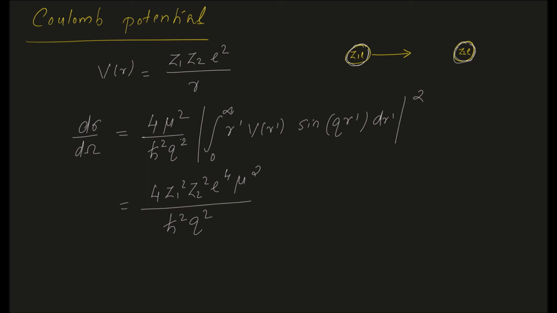Then this r' will go away by a 1 by r' from this potential. So in the integral, what we have is simply from 0 to infinity sin(qr') dr', then the modulus square.